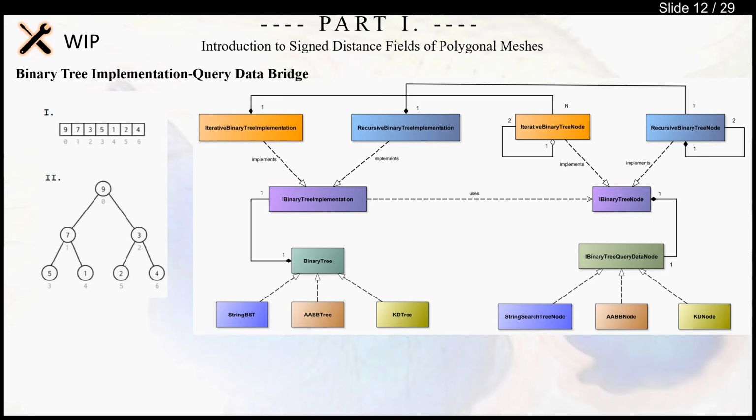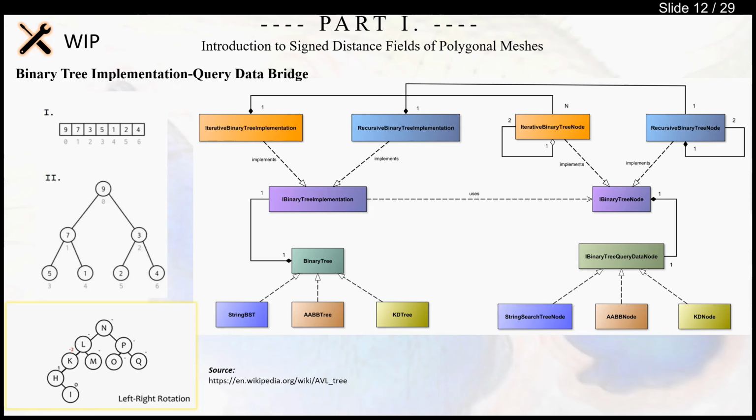In fact, they implement all the data handling and querying utilities necessary for searching and construction of the AABB tree and KD tree respectively, without accumulating too much functionality into a single node type. Another very useful implementation that's currently underway is the self-balancing property of binary trees during construction by node rotation. The type of tree we see in the animation is called an AVL tree.